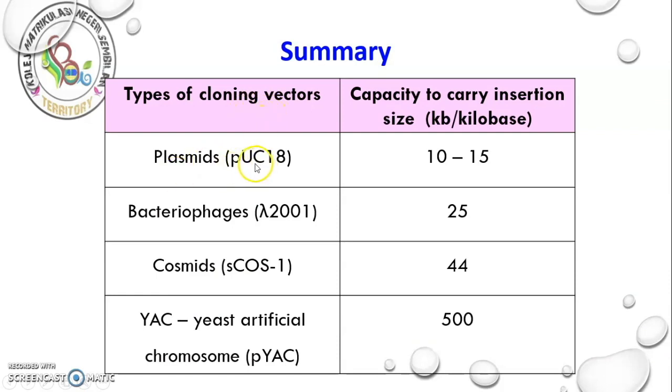Plasmid, example here pUC18, which can carry around 10 to 15 kilobase. Bacteriophage, example lambda 2001, which can carry bigger, 25 kilobases. The cosmid, which can carry 44 kilobase, and YAC, yeast artificial chromosome, or plasmid YAC, pYAC, can carry a larger one, which is 500 kilobase.